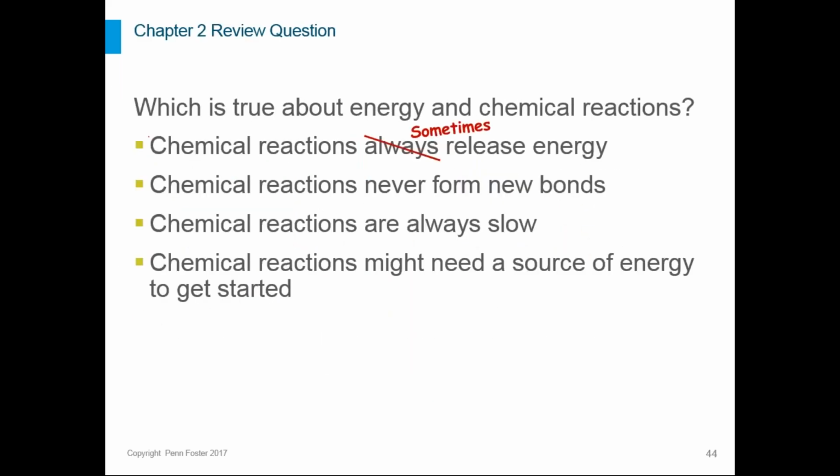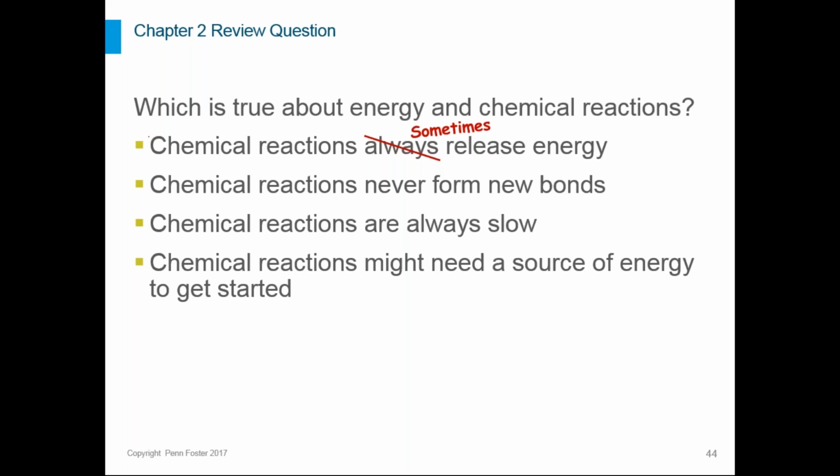Okay, so sometimes they soak up energy, sometimes they release energy, sometimes they soak up a little energy and then release a lot of energy. So they're all a little bit different, but what we can say for sure is energy is always involved. It's always either released or used up. How about our next one? Chemical reactions never form new bonds.